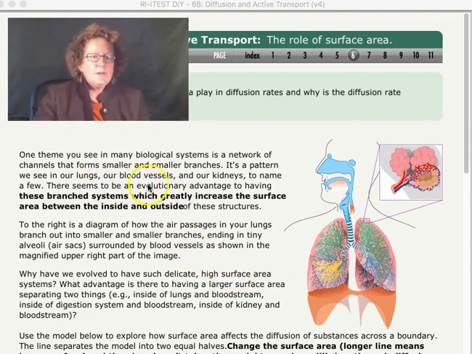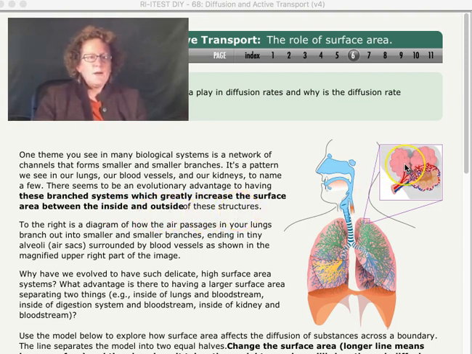Our lungs, our blood vessels, our kidneys, to name a few, are these branching systems. There seems to be an evolutionary advantage to having these branch systems, which greatly increase the surface area between the inside and the outside of these structures.